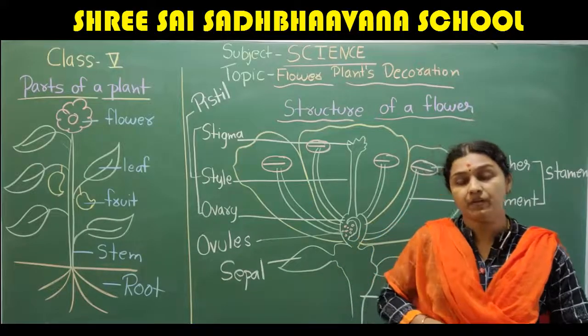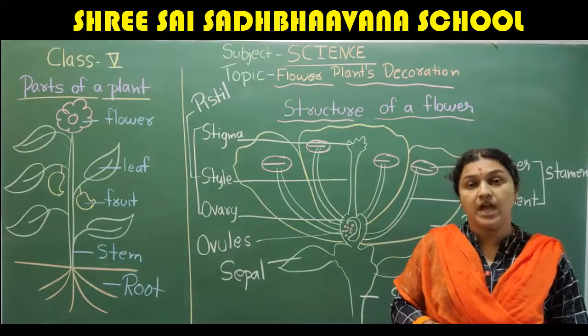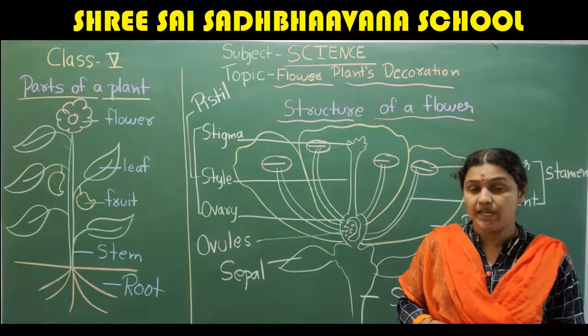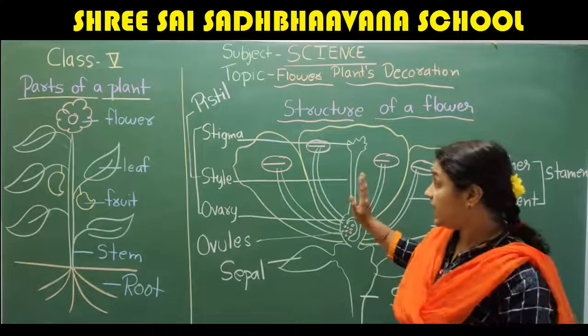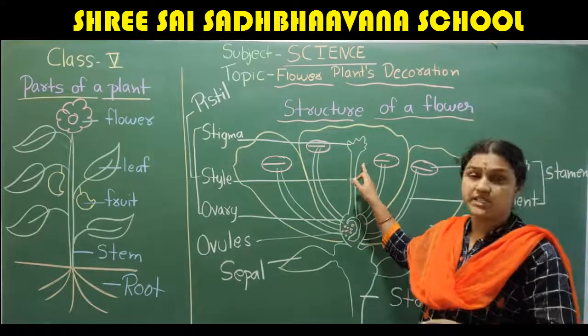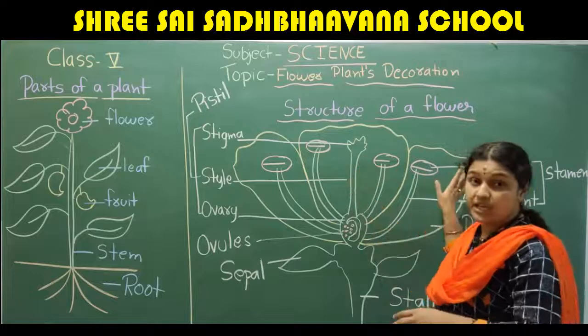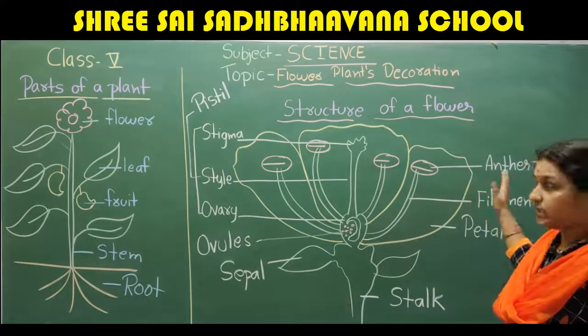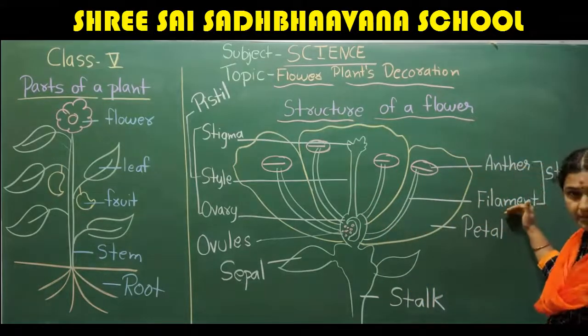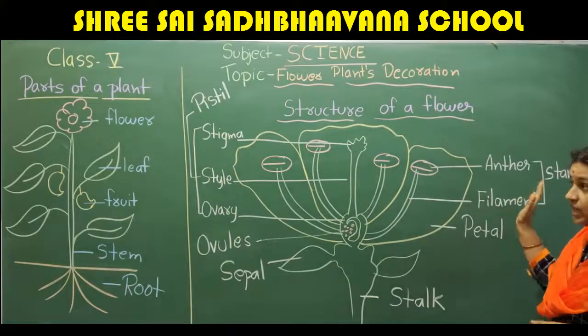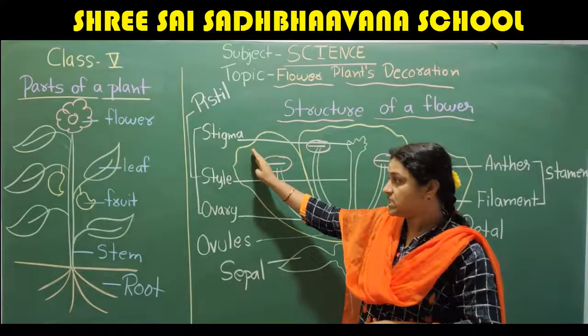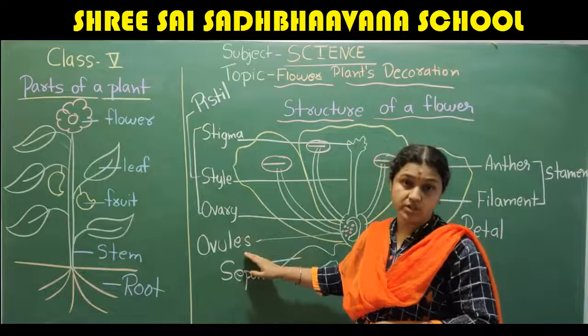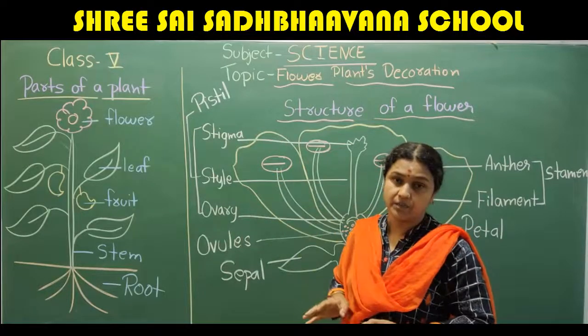Now, what is an imperfect flower? An imperfect flower is the one that has either only the male part, that is the anther or filament, or it will have only the stigma, style, ovary and ovules, which is the female part.